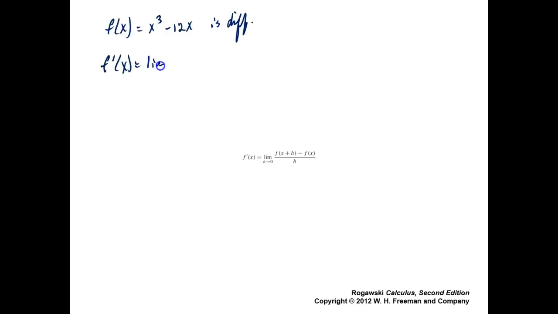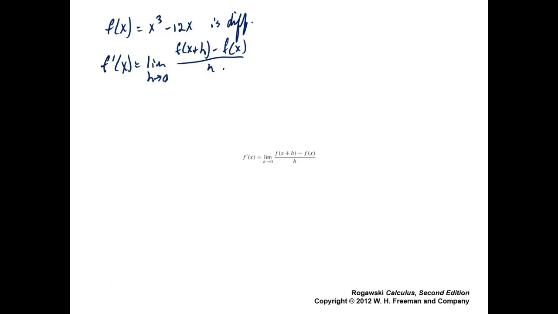The limit, as h approaches 0, of f of x plus h minus f of x divided by h.